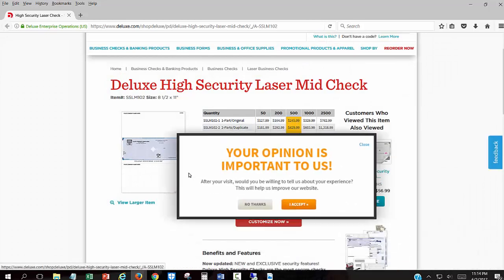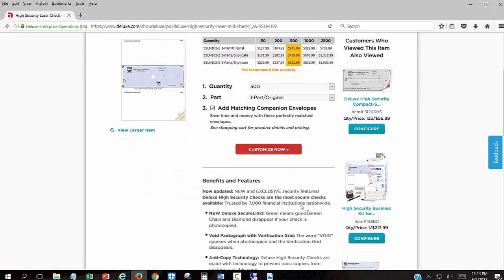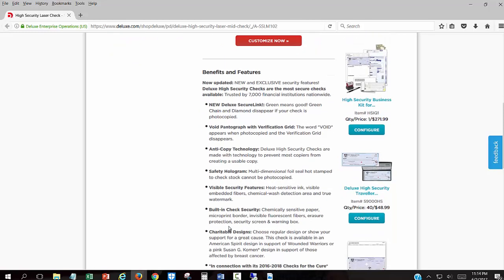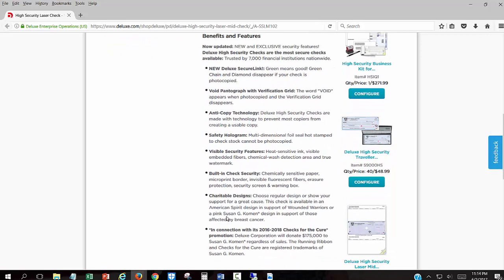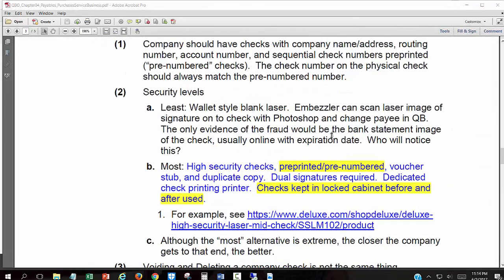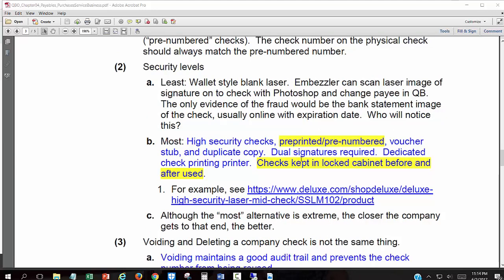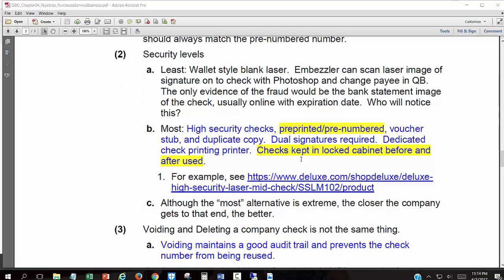It has holographic imprinting on it, and a pantograph, I guess it's called. Verification grid. You try to photocopy it, the word void pops up, and it has other visible security features. So that most secure alternative is kind of extreme, but that would be a real good option to have if you want to have some good control over your checks, especially if they're prone to being played around with.